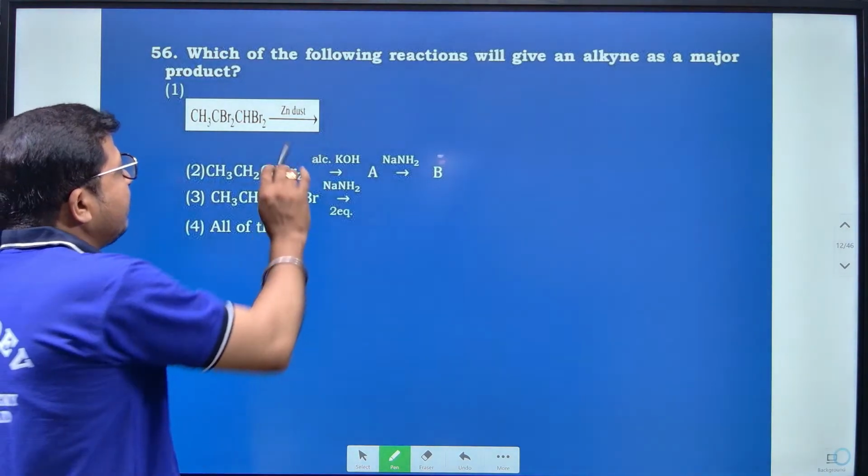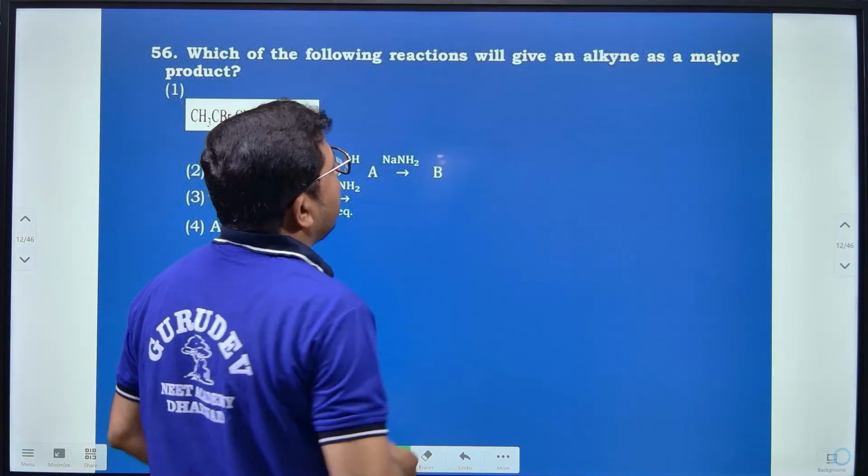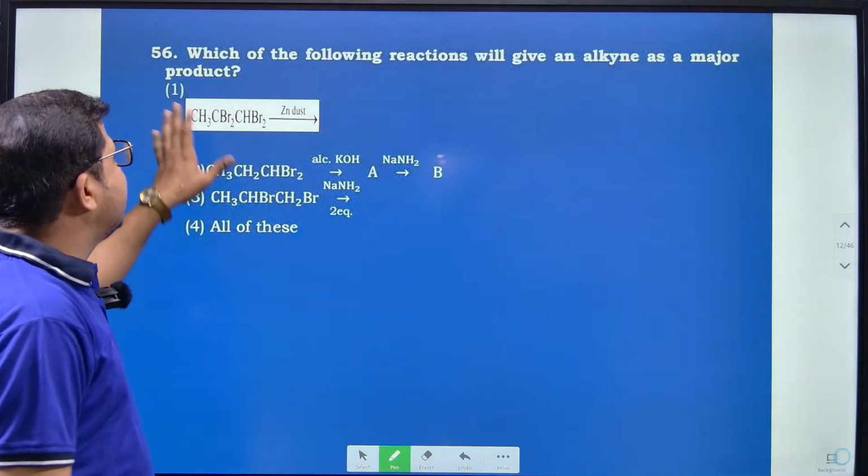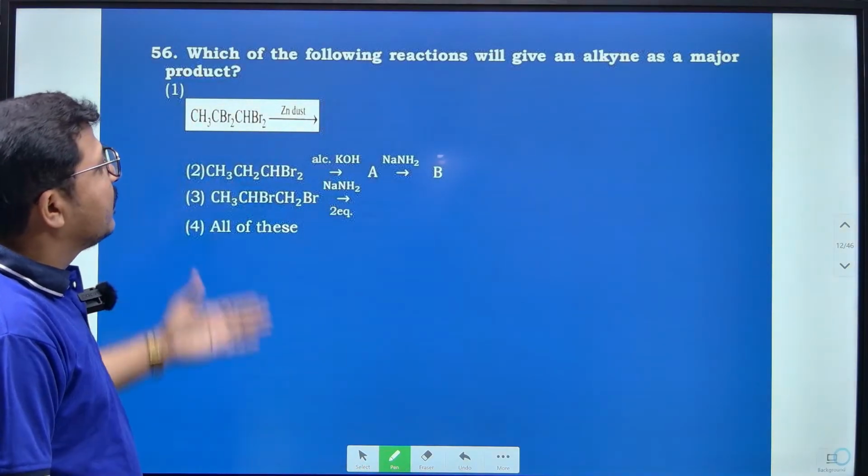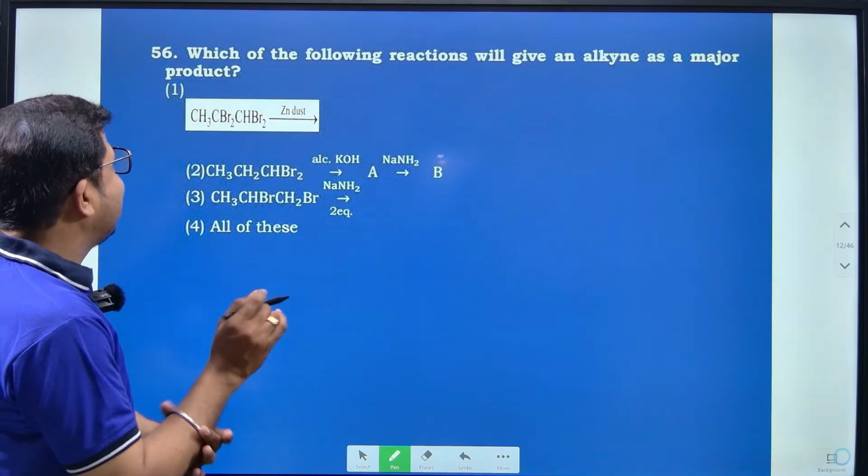Next, which of the following reactions will give an alkyne as the major product? Let us see.